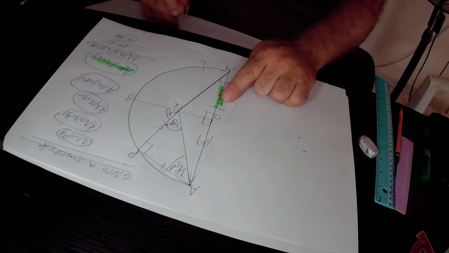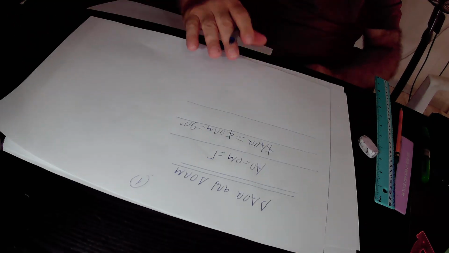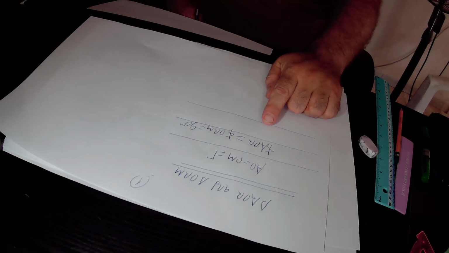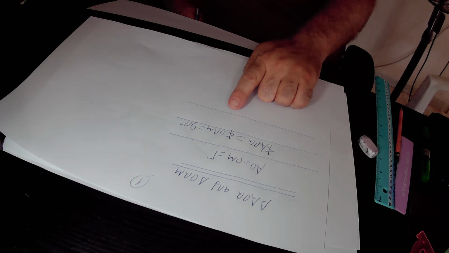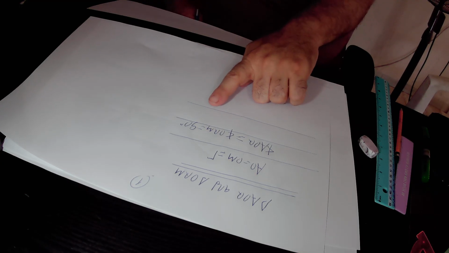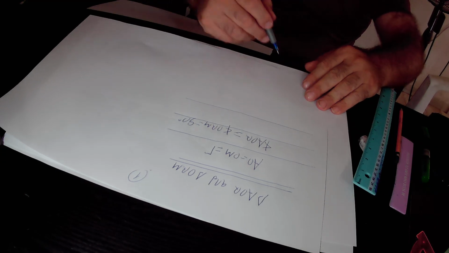So I repeat again, and we found out that angle AOQ in the upper right triangle equals to angle OQM in the right lower triangle OQM. They are both equal to 90 degrees and therefore they are equal to each other.